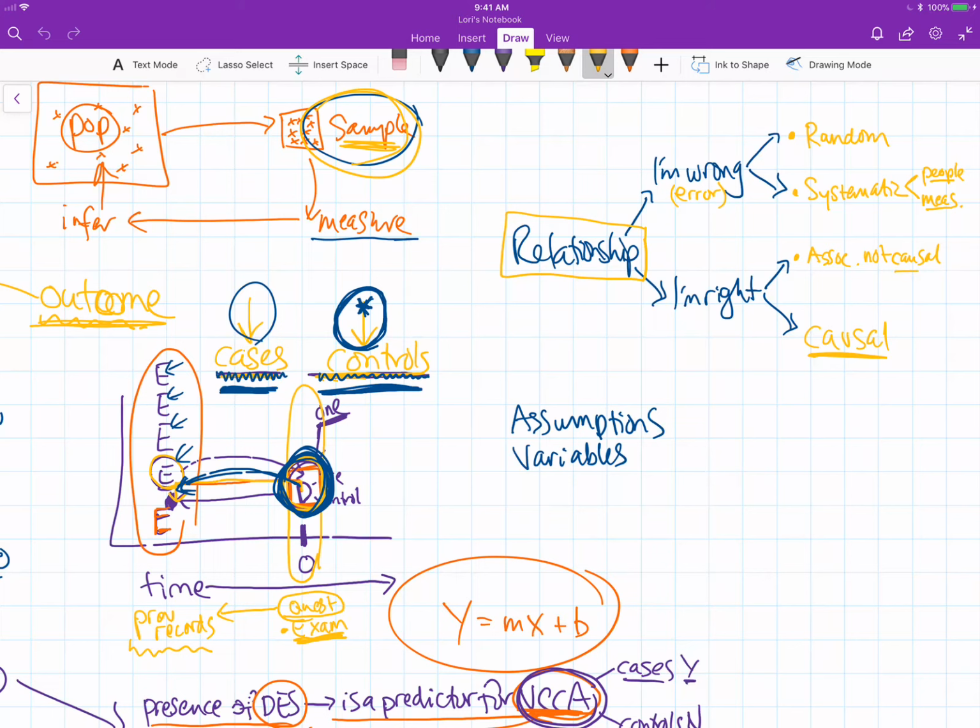With associated but not causal, be really careful about thinking about that exposure that you're trying to collect, whether it does have enough time to have caused the disease. Sometimes we even have issues with confounders, and that we need to include so that we aren't just evaluating the wrong thing.